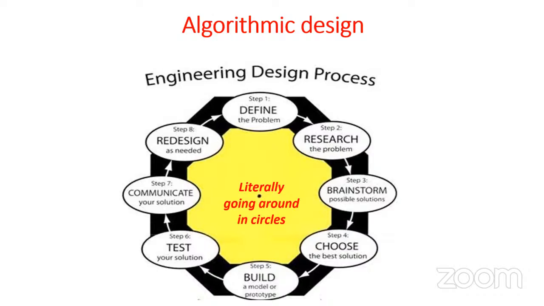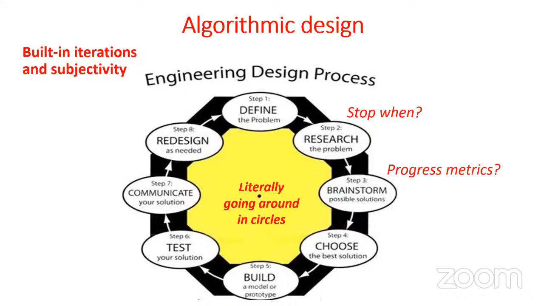So it's interesting that this design method, which you find in the text, is the usual one, the one most used. Let's just think about it for a moment. It's literally going around in circles. So, subjectivity.